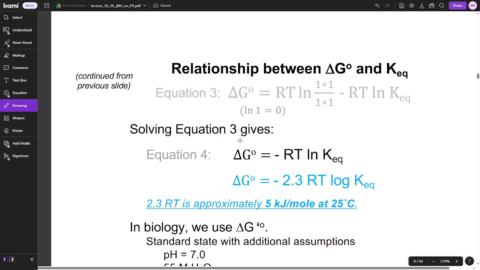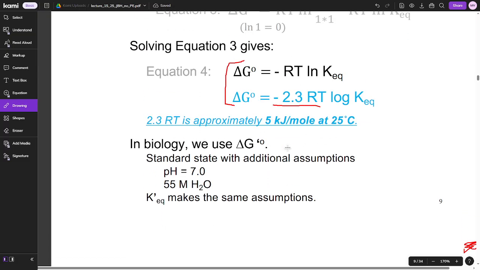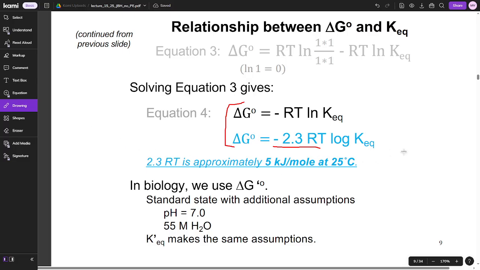Based off of that, we have this. If you convert this into log form, you can use this, but from now on, you can just use this.